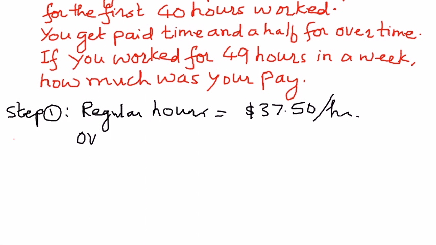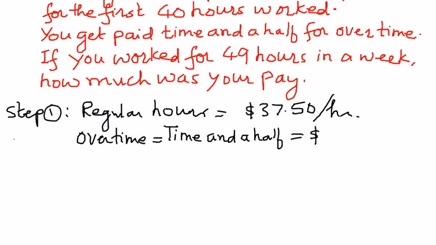Our overtime pay, we're going to get time and a half. Let me write that here. Time and a half means for the first 40 hours we get paid $37.50, and then the half is, we take the $37.50 and divide that by 2.